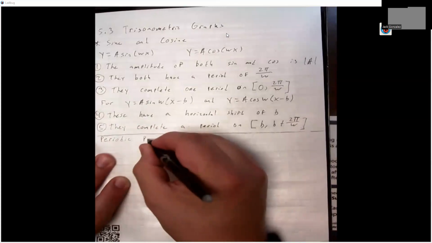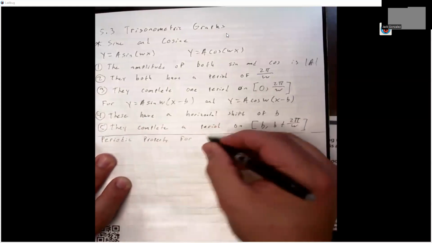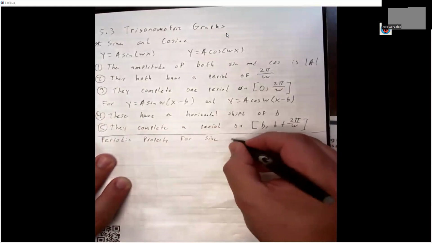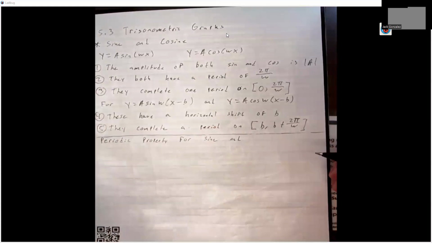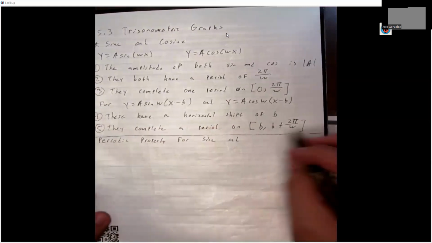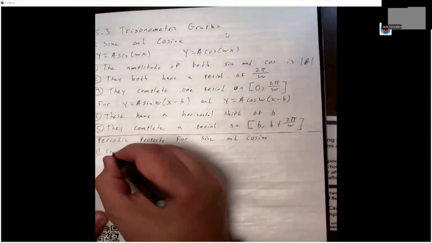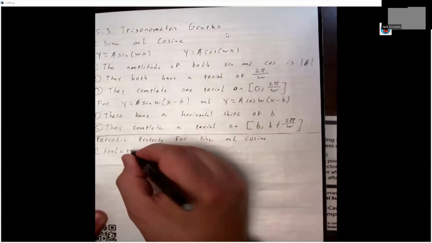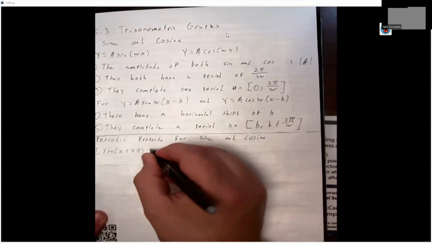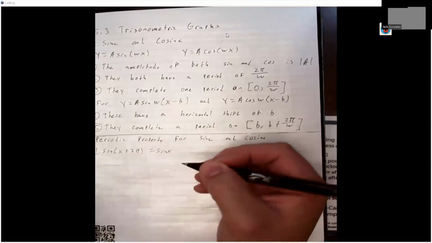Periodic property for sine and cosine. So both functions are periodic, meaning they just repeat themselves forever to infinity and negative infinity. They just keep repeating. So they have the property sine of x plus 2 pi becomes sine again because it's just itself, right?